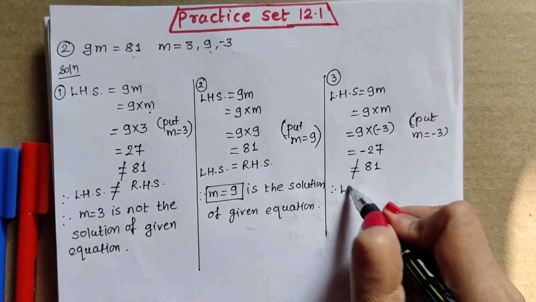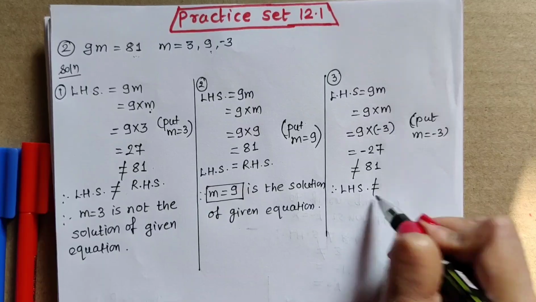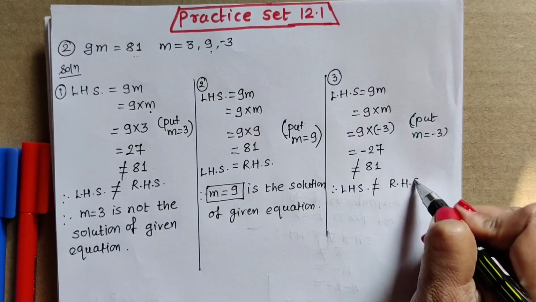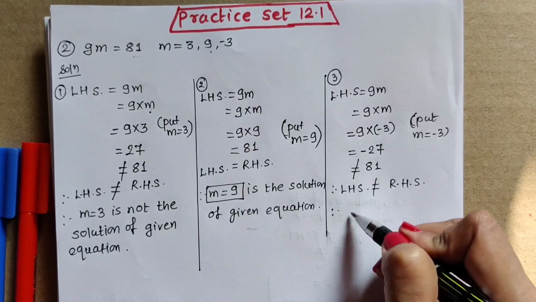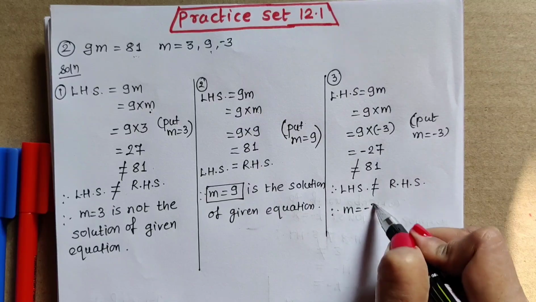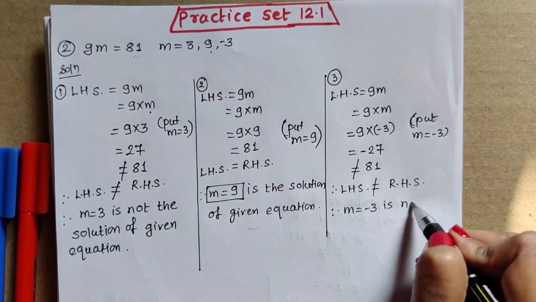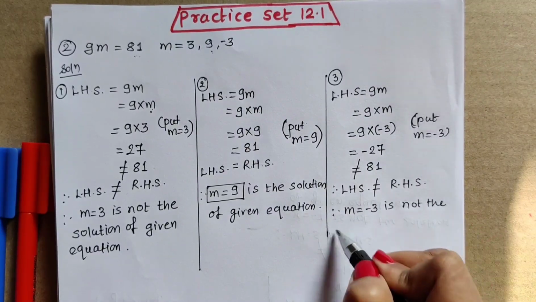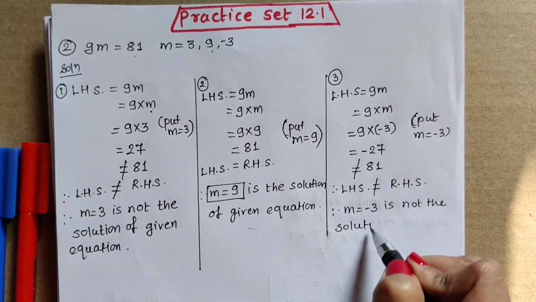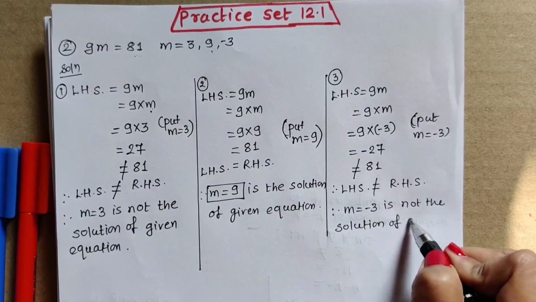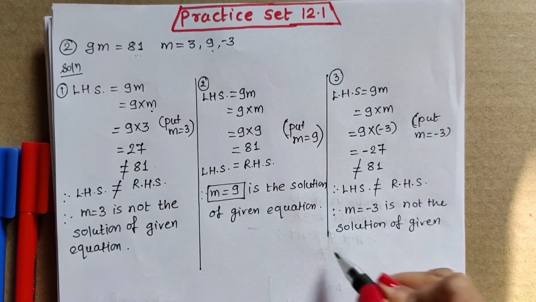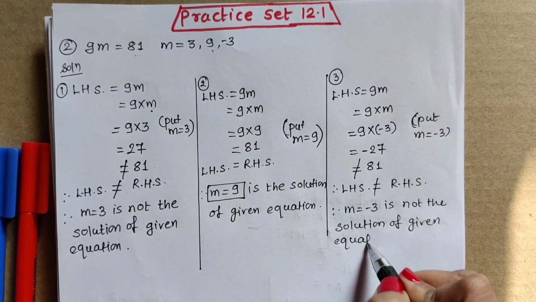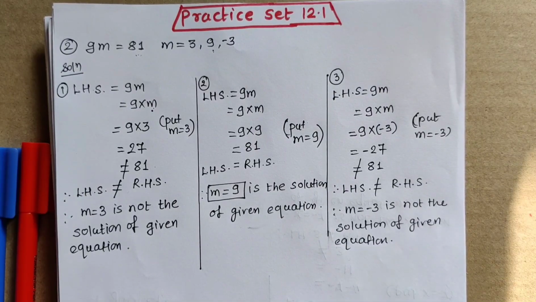That means left hand side is not equal to right hand side, and therefore m is equal to -3 is not the solution of the given equation. So in this way we have to find out for all three values of the variable, and we can find the solution of the equation.